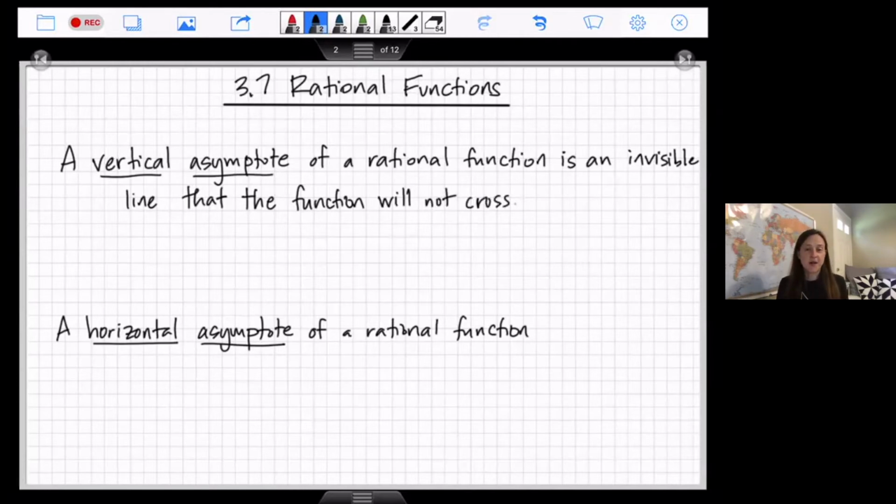A horizontal asymptote is likewise an invisible line. Okay, we saw that rational functions will sometimes cross their horizontal asymptotes, but again, the horizontal asymptote is not a barrier, it's more of a guide, just for the right and left-hand sides of the graph. Okay, so it's an invisible line that governs end behavior.